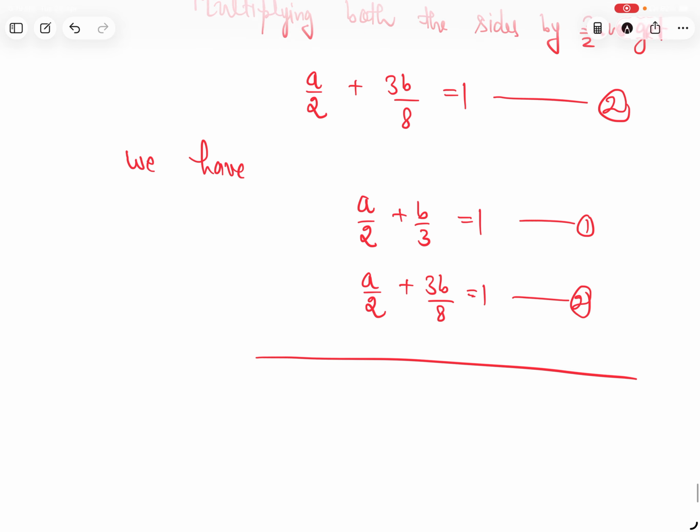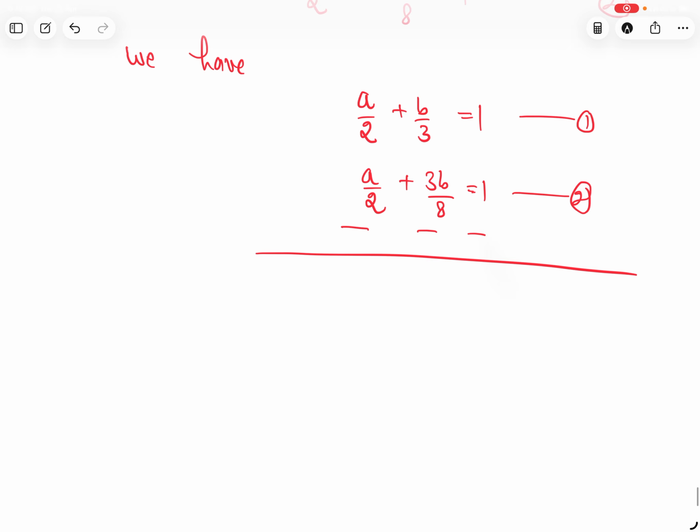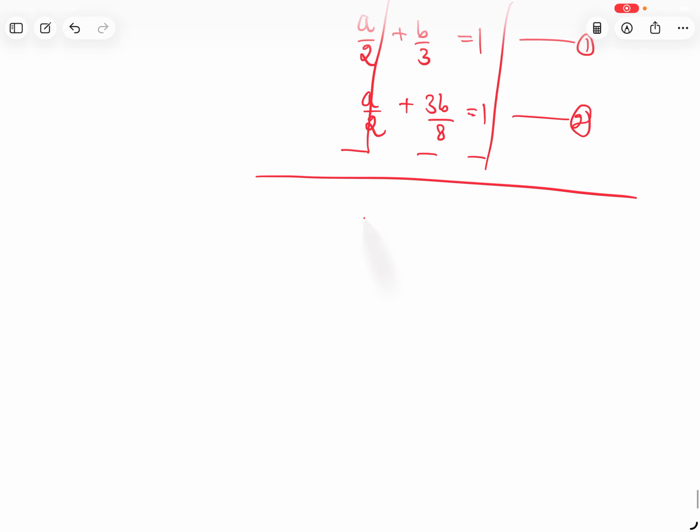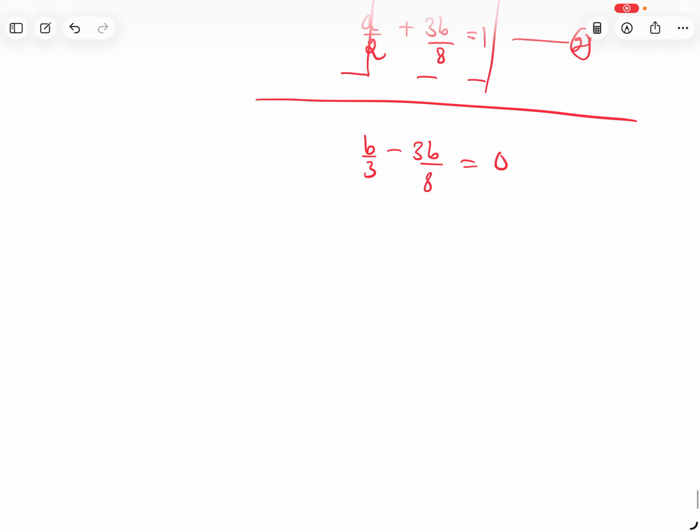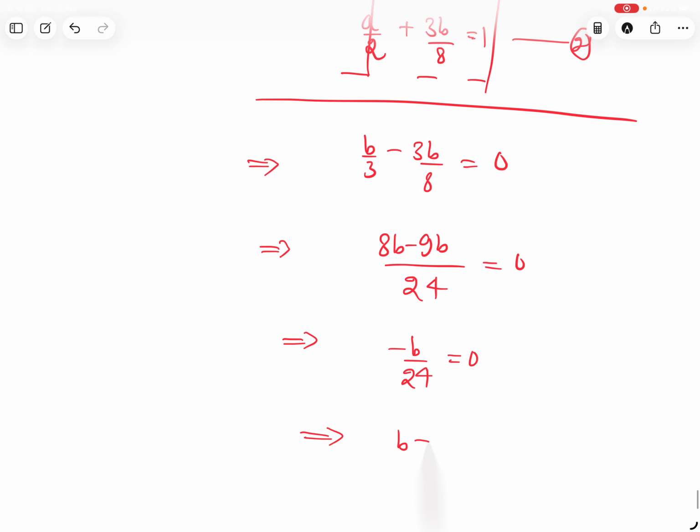First we subtract. The a by 2 terms cancel out. What remains is b by 3 minus 3b by 8 equal to 0. So 8b minus 9b upon 24 is equal to 0, that is, minus b by 24 is equal to 0. That means after solving it, we get b is equal to 0.